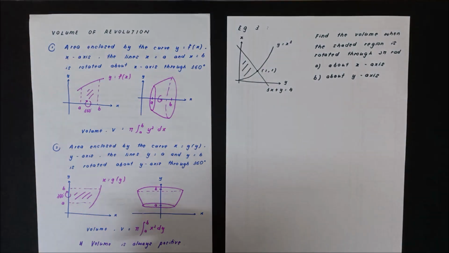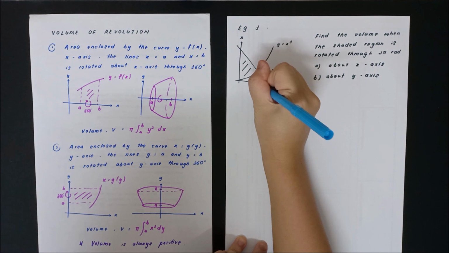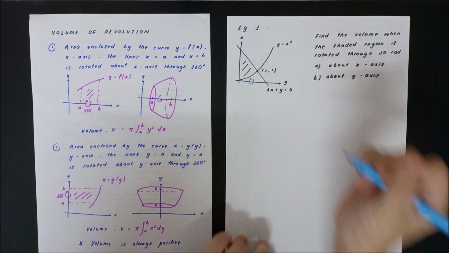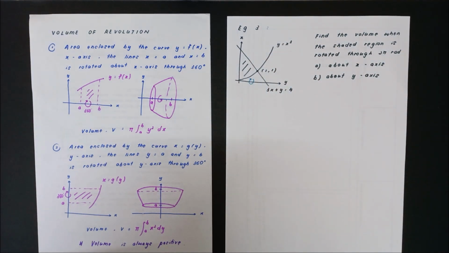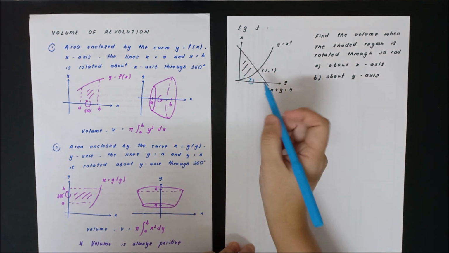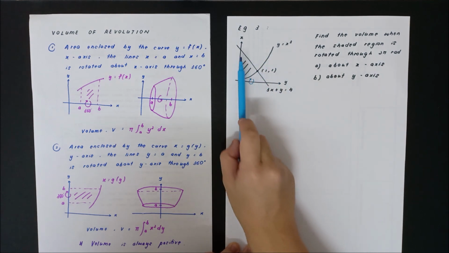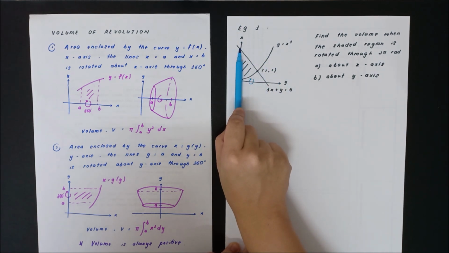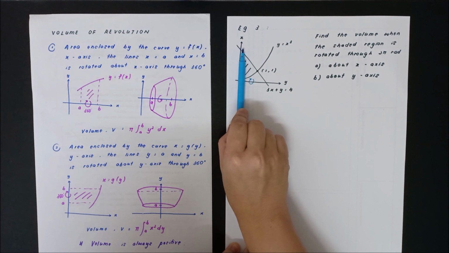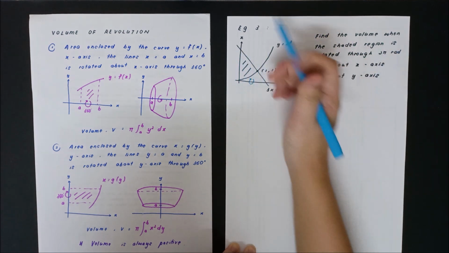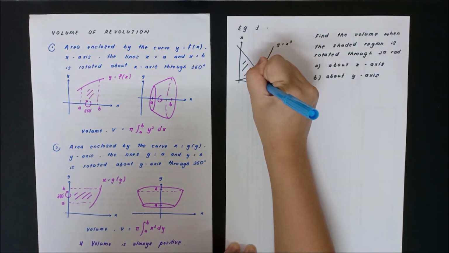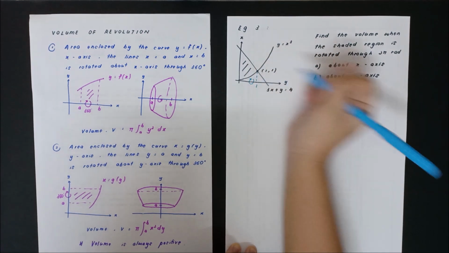Rotated about the x-axis, meaning it's going to rotate like this. The same thing applies, so we can analyze the limits for our region here. It starts at 0, which is quite obvious, and ends here, so this is our limit, which is 1.